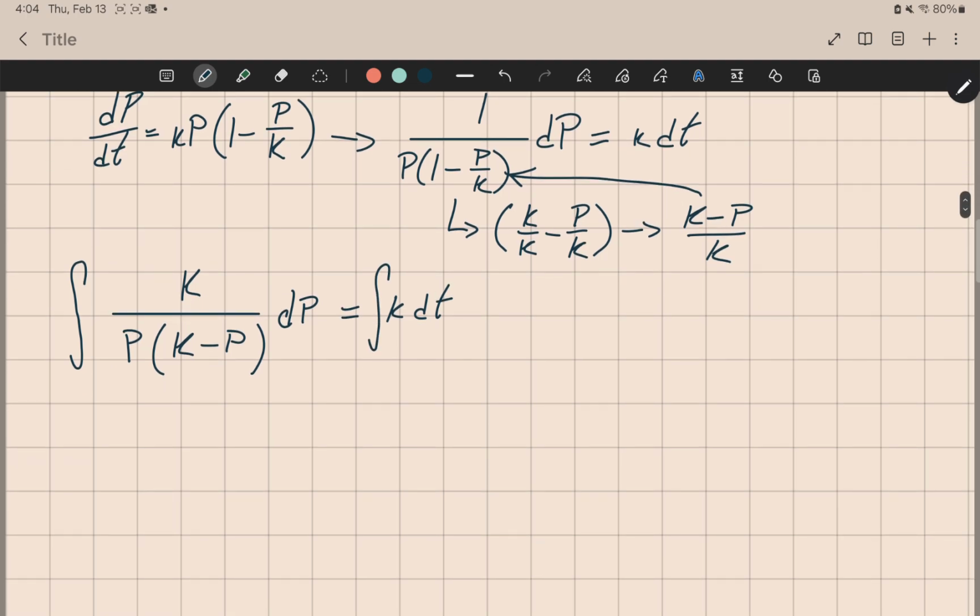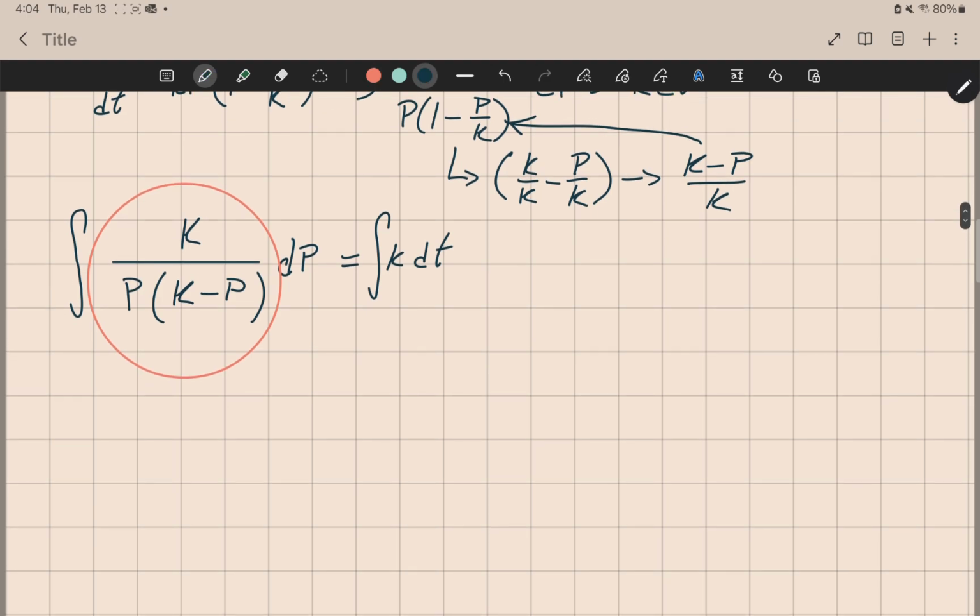So our partial fraction over here, this is the one that's always kind of tough for me. But I saw this really cool method, and we're going to start just by writing it out.